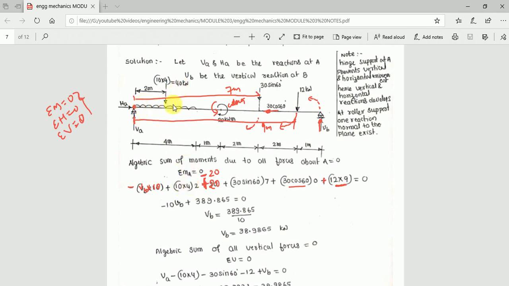So 10 into 4 they have written, 10 into 4 multiplied by perpendicular distance 2. This 10 into 4 is nothing but 40 into 2. Then this VB is making an anti-clockwise moment, that's why it is given with the negative symbol. So hope this equation is clear now.